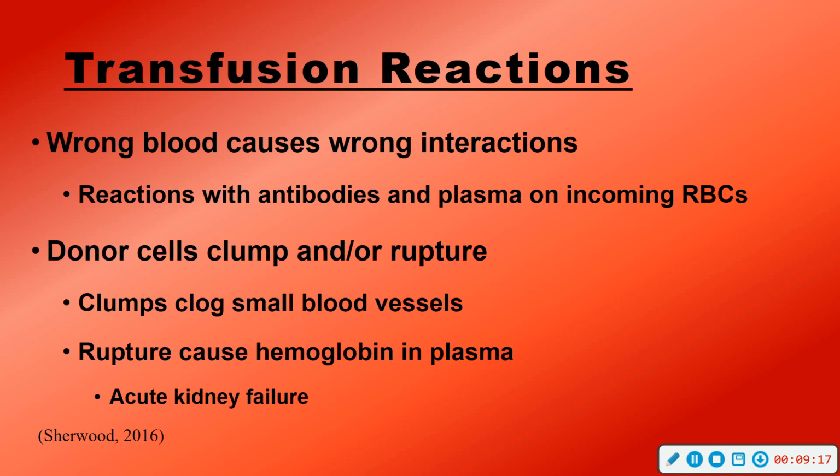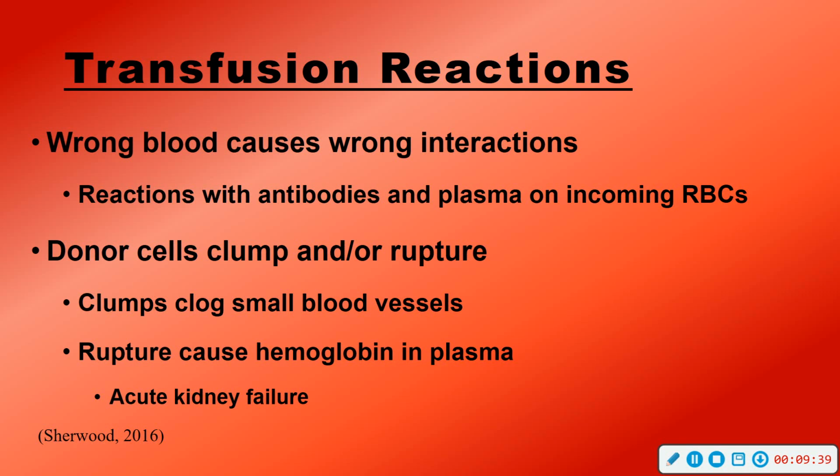But the donor cells could also rupture, causing hemoglobin in the plasma of our blood, and that can result in acute kidney failure. So giving the right blood to the right person is extremely important.